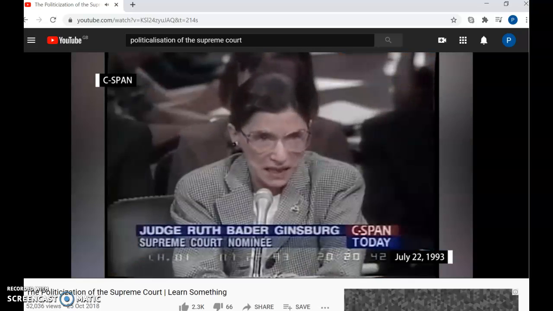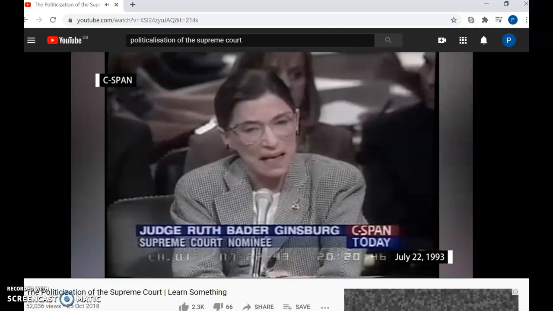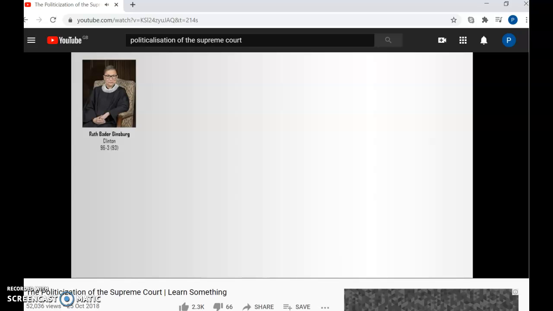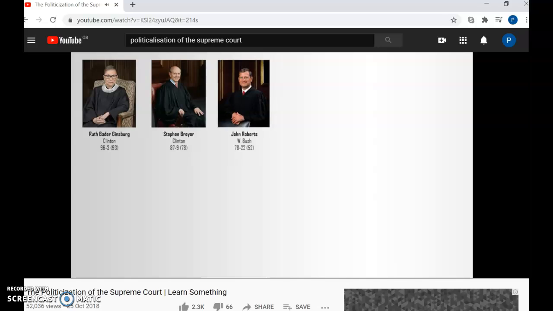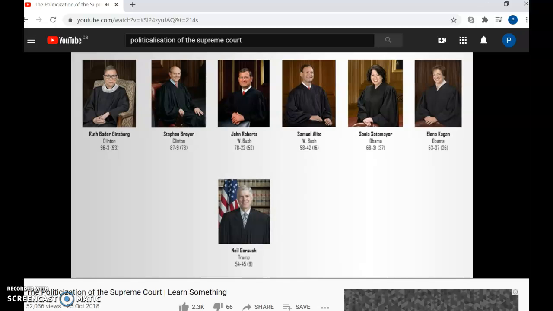Justice Ruth Bader Ginsburg was confirmed to the Supreme Court in 1993 by a 96-3 vote, and ever since then the partisanship of the Supreme Court confirmation process has increased. Breyer was confirmed 87-9, Roberts 78-22, Alito 58-42, Sotomayor 68-31, Kagan 63-37, Gorsuch 54-45, and finally Kavanaugh 50-48. The last several nominations have been nearly along party lines.